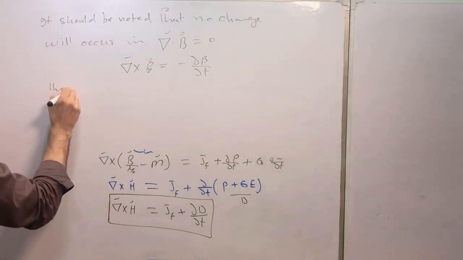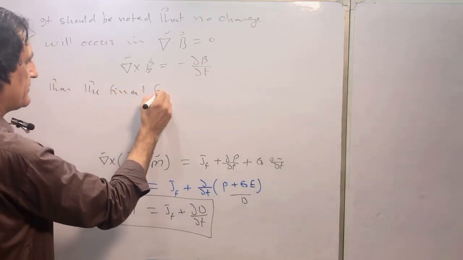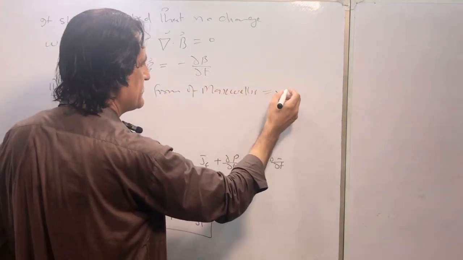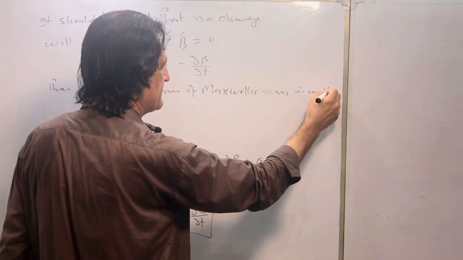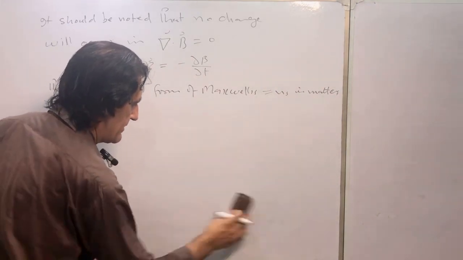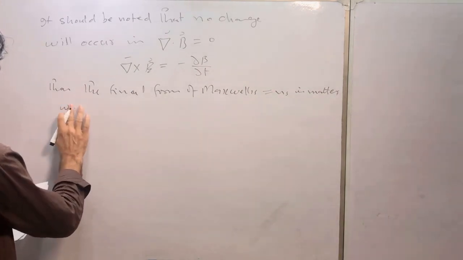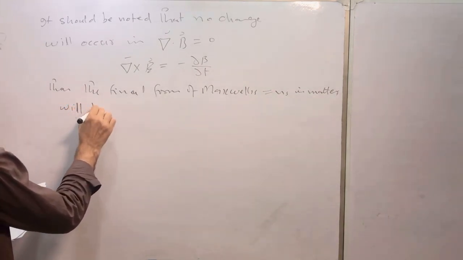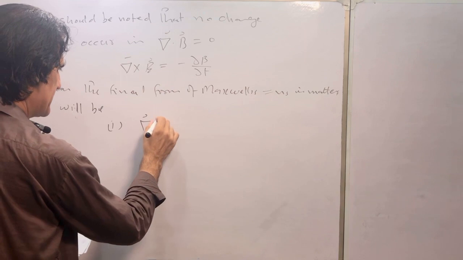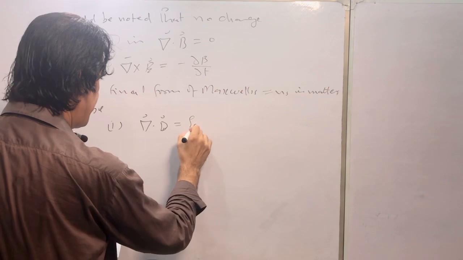Then the final form of Maxwell equations in matter will be: the first one is divergence of the displacement vector D, which is equal to rho f.